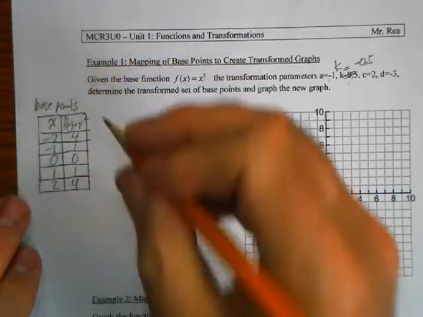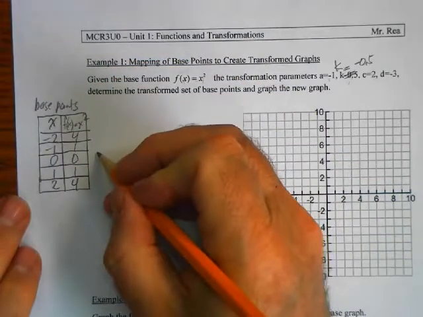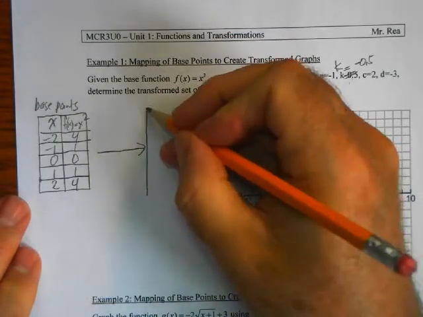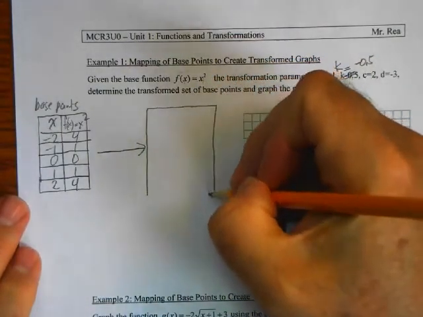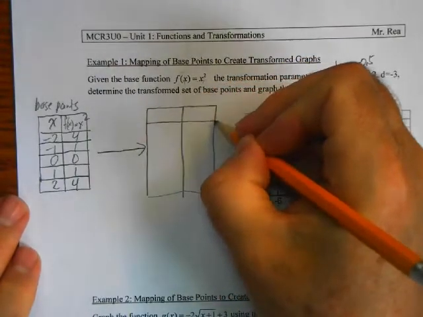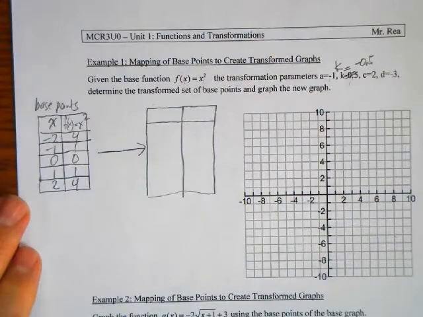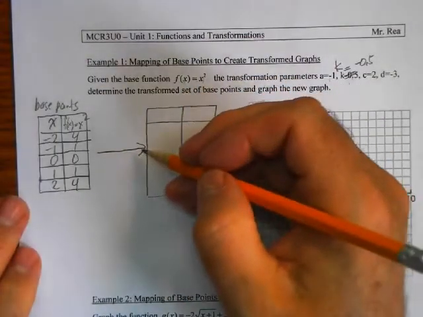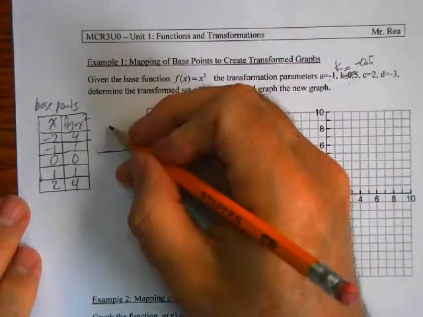We're going to transform these base points directly to the final points. What I usually like to do, along this arrow, is write the values so I don't have to go back to the question.